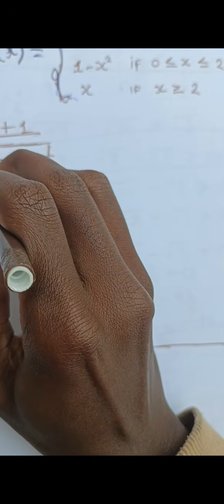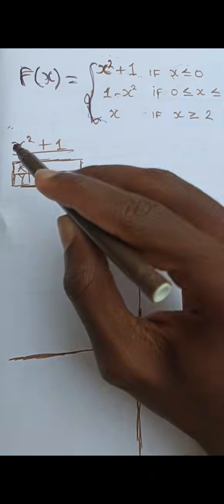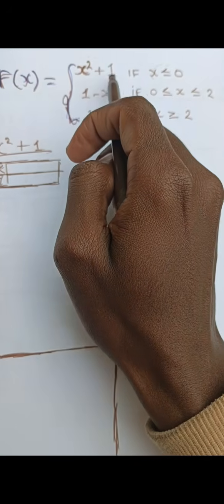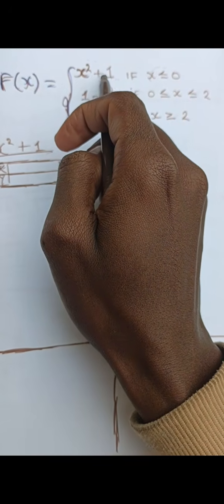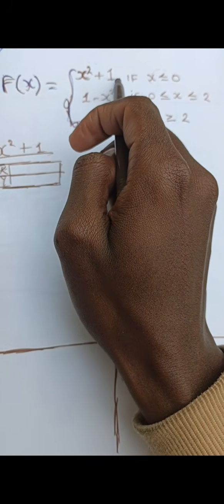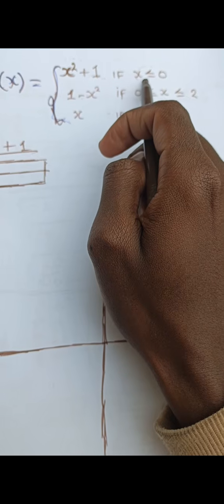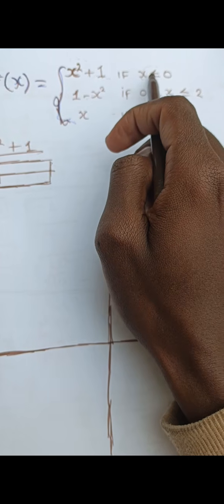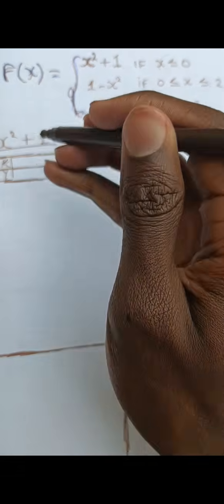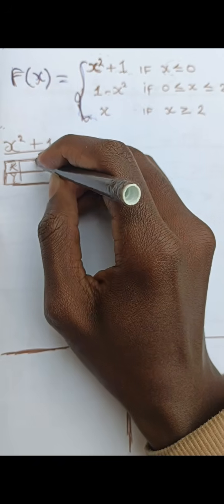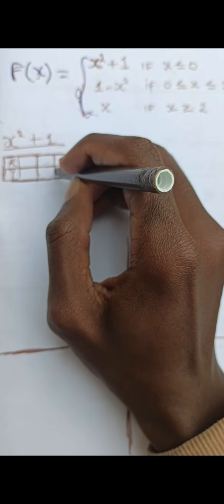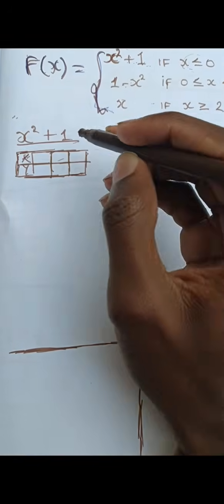So we say x, y. So this is the table of values for the first equation or function given. So we have x less than or equal to 0. So let's just put 2 columns.